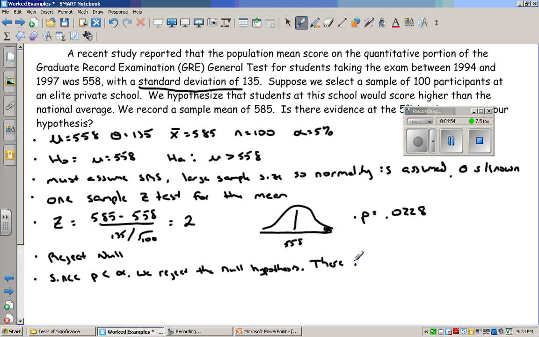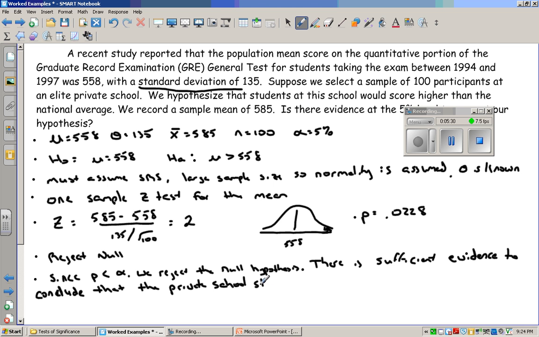There is sufficient evidence to conclude that the private school students scored higher on the GRE than the national average.